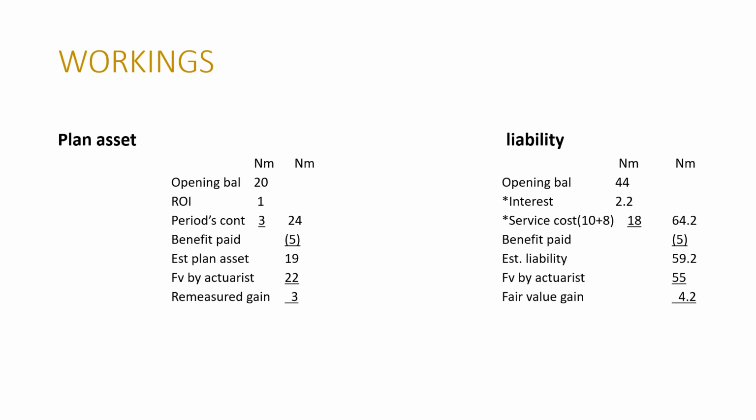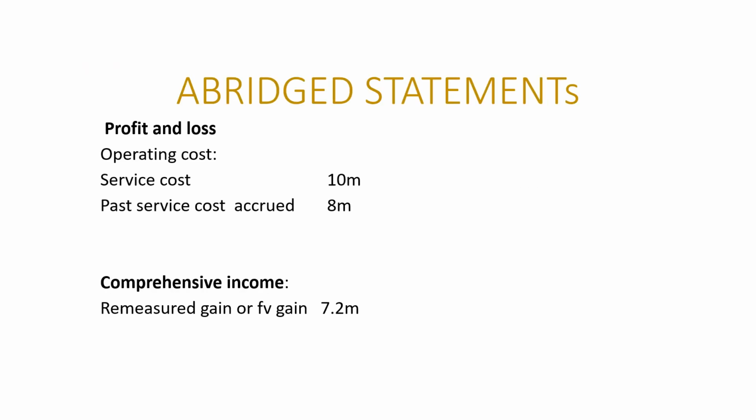But this is just the working. We want to show, out of all this, which of these will be relevant in our profit and loss statement section, and which will be relevant in the comprehensive income section. So on this slide, you will see the abridged statements. For the profit and loss, we have operating costs, which are the service cost of 10 million will be captured, and the past service cost of 8 million, which is an accrued cost, will be captured.